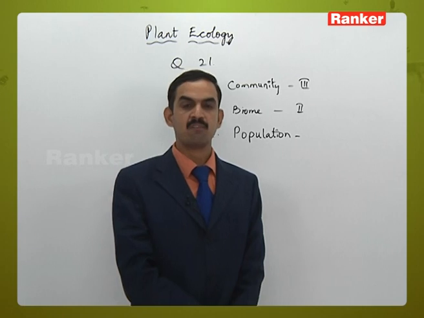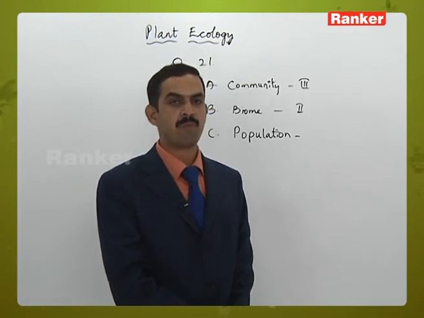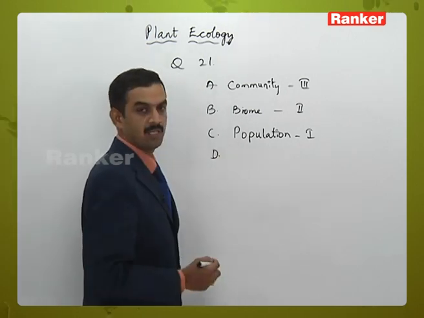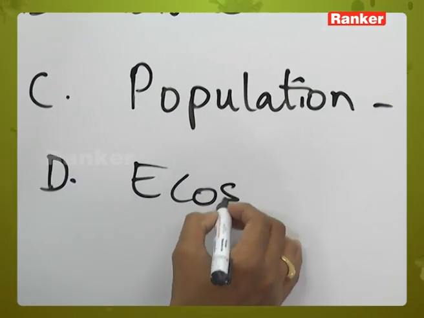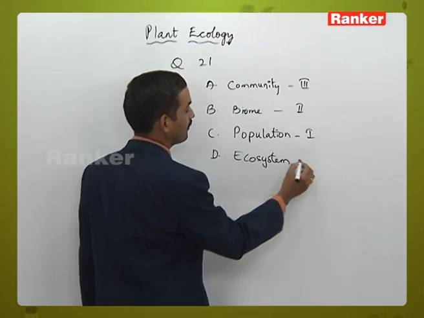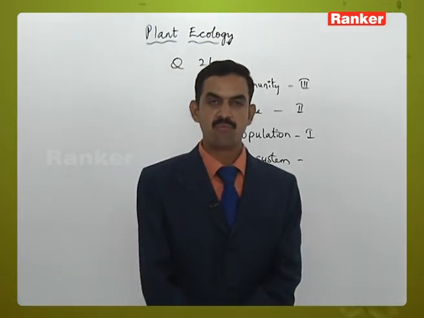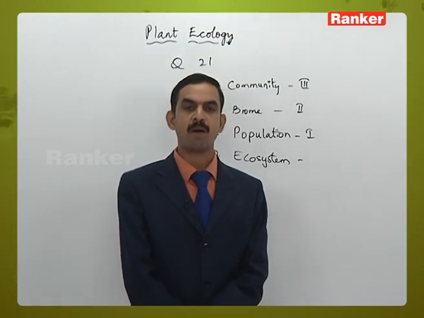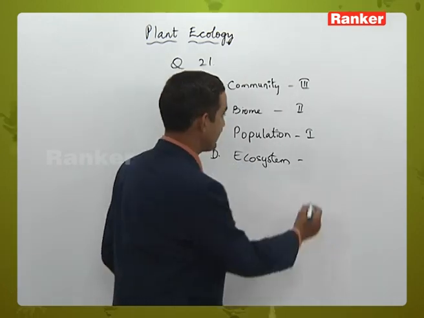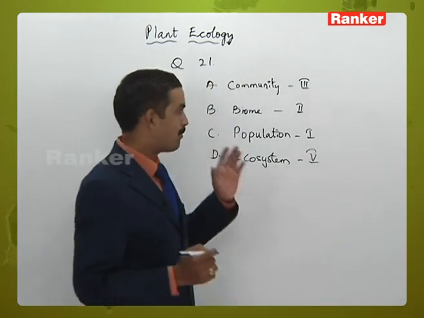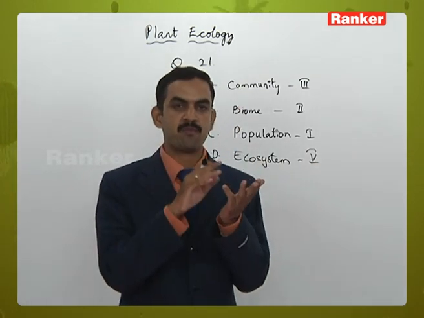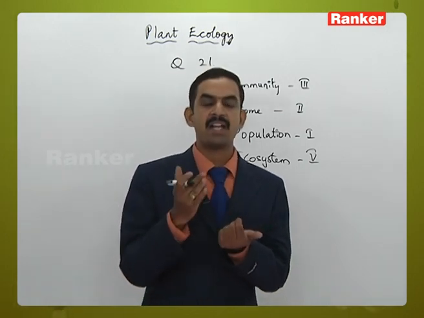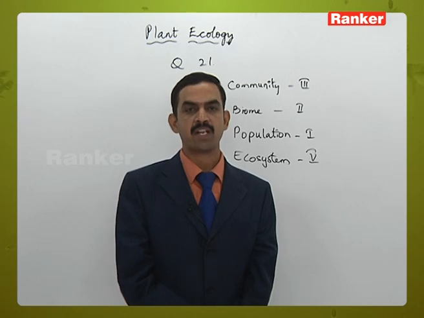So, this is related to the first level of biological organization. Then D, ecosystem. Ecosystem is a unit of biome or biosphere which is considered as the third level of biological organization, that is 5. So, in the biological organization, population is the first level, community is the second level, ecosystem is the third level and biome is the fourth level.